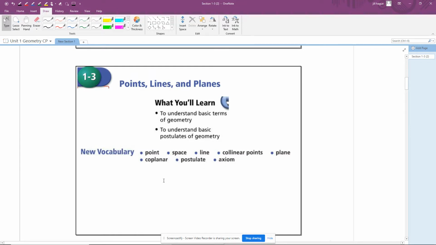The ones you have probably never seen before are the words collinear, coplanar, postulate, or axiom. These two are pretty much the same thing, and we'll tell you what they are as we go through, but I'm giving you some pronunciation: collinear, coplanar, postulate, and axiom, okay?